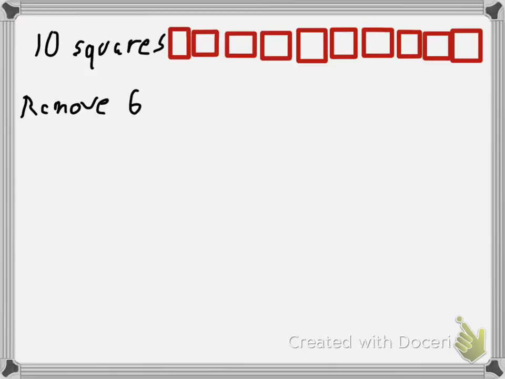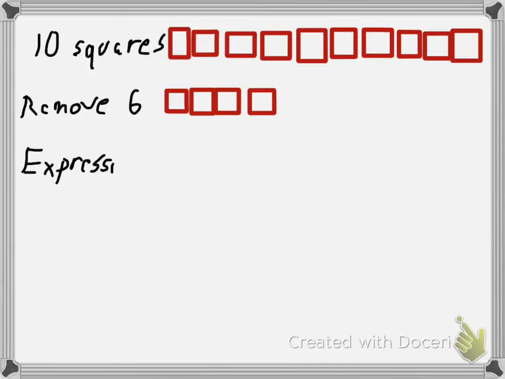So if I remove 6, I'm now going to have 1, 2, 3, 4 squares. If I wanted to write that as an expression, I would say that I have 10 minus 6.